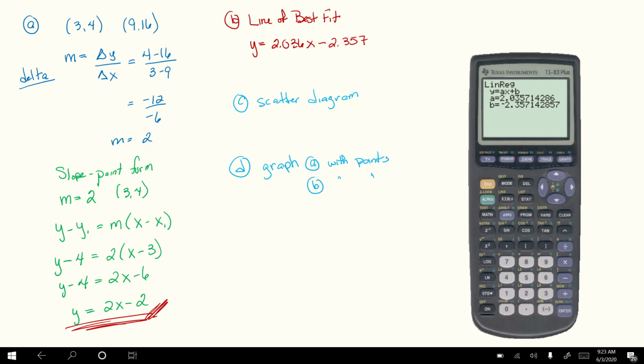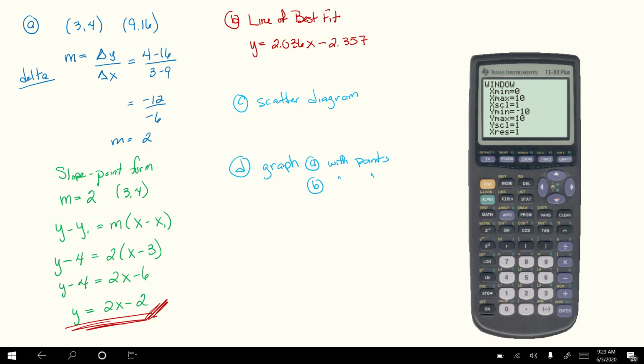So let's go to the window key. Do you notice it's set up at -10 on the x min and x max is +10? Well, considering my smallest x was 3 and my largest x was 9, I'm okay with the x max, but the x min, I don't need it to go all the way to -10, so I'm just going to start it at 0. And the scale of 1 is just fine.